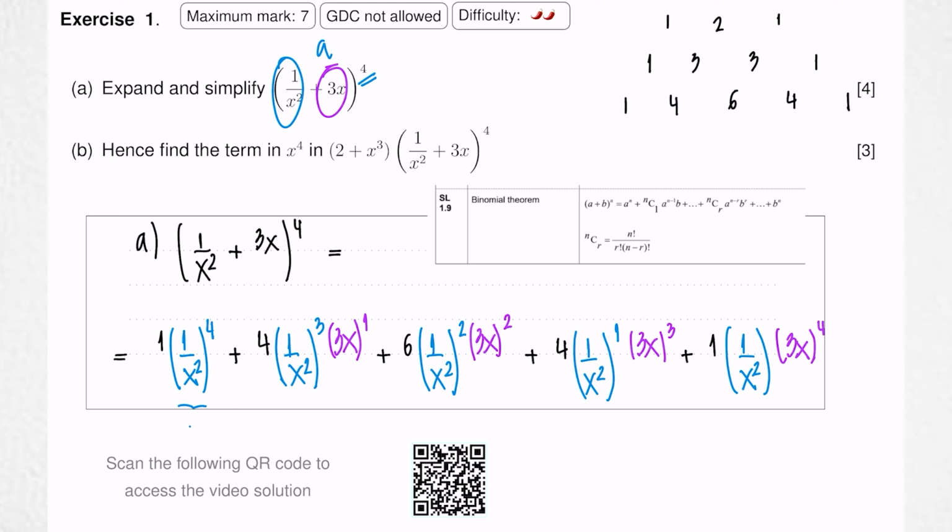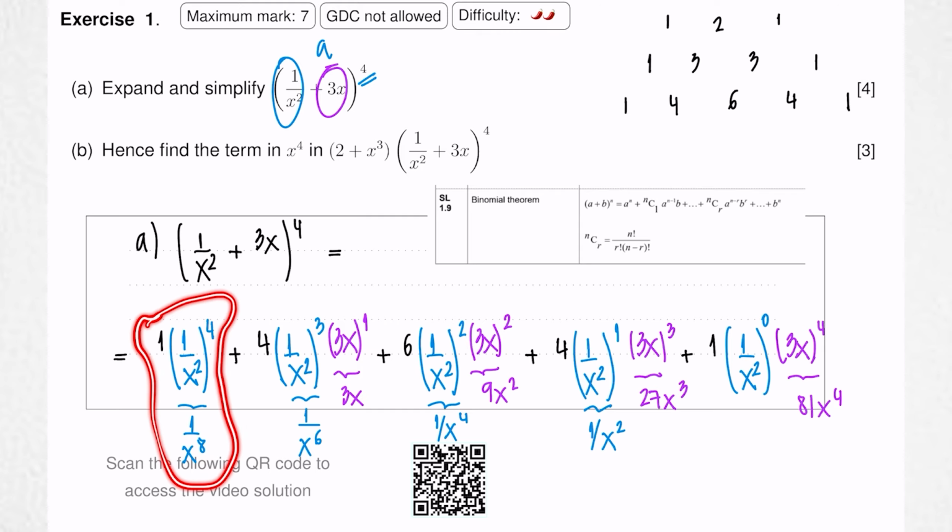So we have over here 1 over x to the 8th, 1 over x to the 6th, 1 over x to the 4th, and 1 over x squared. Now over here, and by the way, there should be a 0 here, we have 81x to the 4th, 27x cubed, 9x squared, 3x, and then just 1 over here.